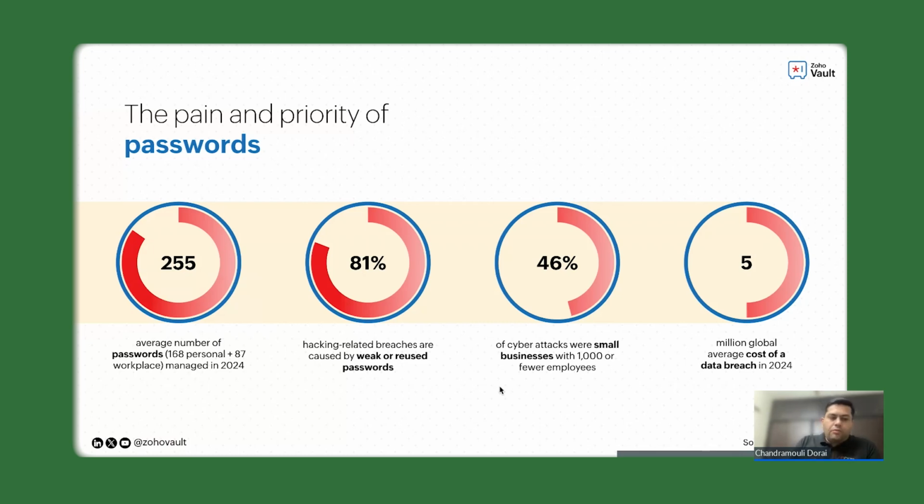Because we have a lot of passwords, the stat says more than 200 for every individual. Most security incidents are due to weak and reused passwords. Cyber criminals and malicious insiders are targeting businesses that don't have the right tools or resources to protect themselves. And the cost of a breach, 5 million, will take any business out of its industry.